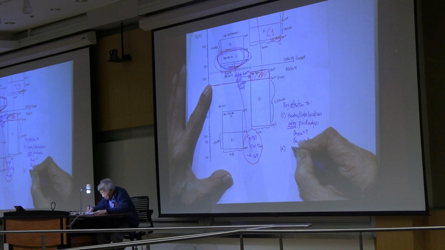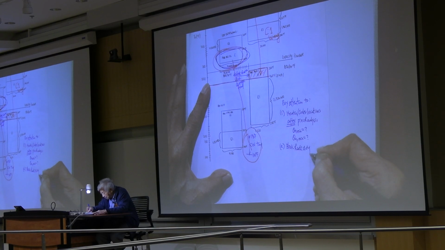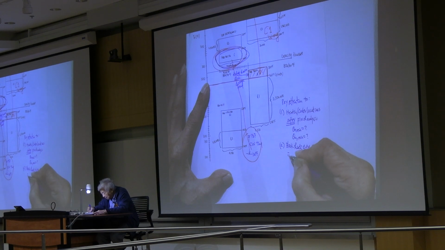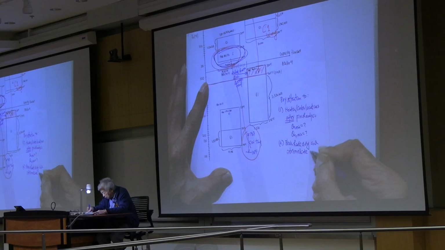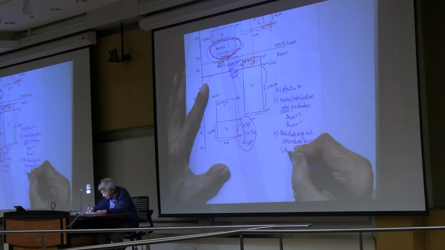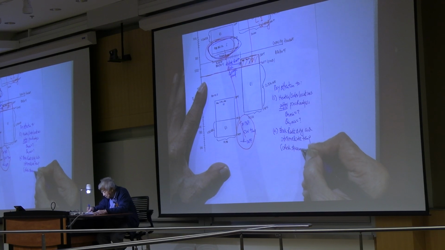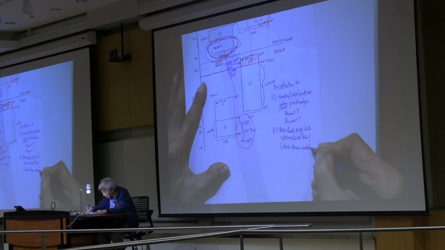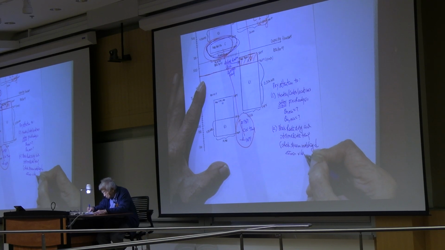Second, block heat duty and intermediate temperature. So we can check stream matching and delta T mean violation.